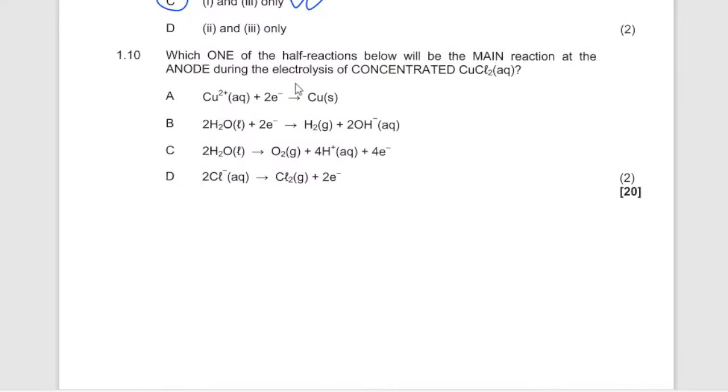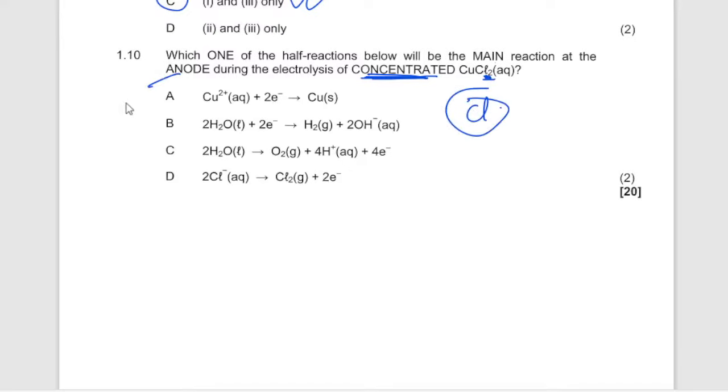Then 10, they're saying which one of the following equations will be the main reaction at the anode during the electrolysis of concentrated copper chloride. Now this word, that's why they even put it in capital letters. The moment they say concentrated copper chloride, it means that we're going to have much more chloride.